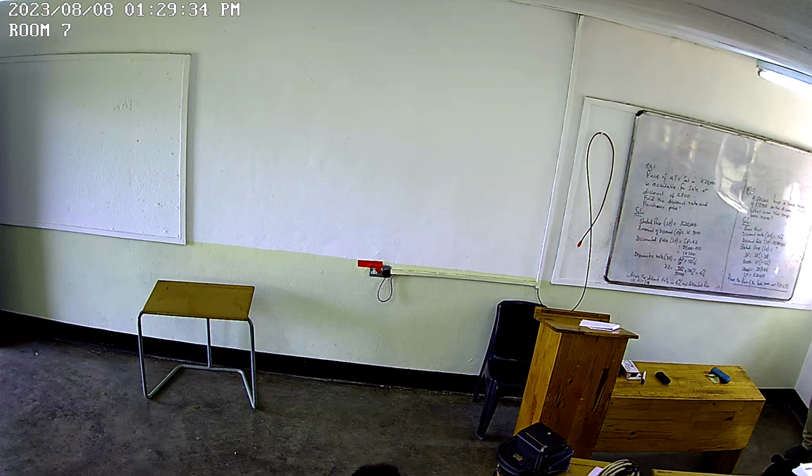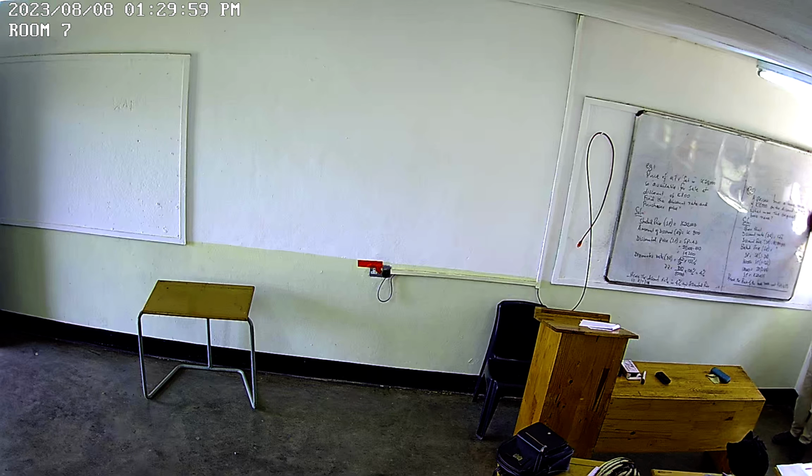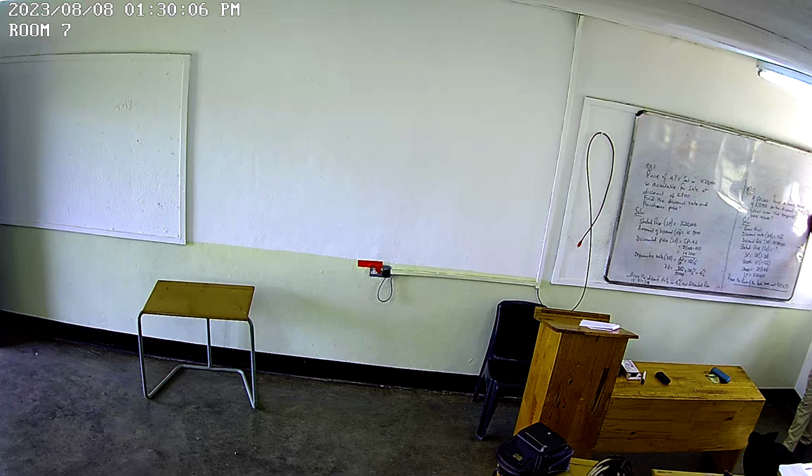Remember that this 18,000 is paid after being given the 12%. So if you take 12% from 100%, the original cost price is 100%, you notice that it is 88%.